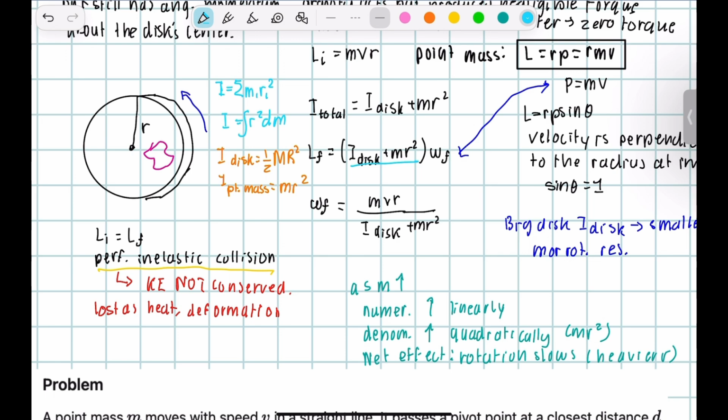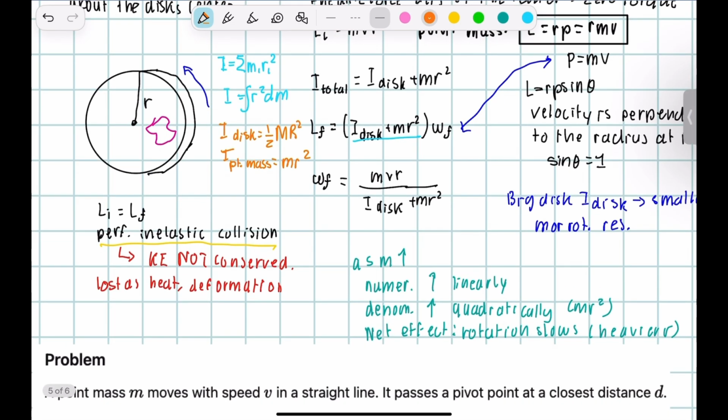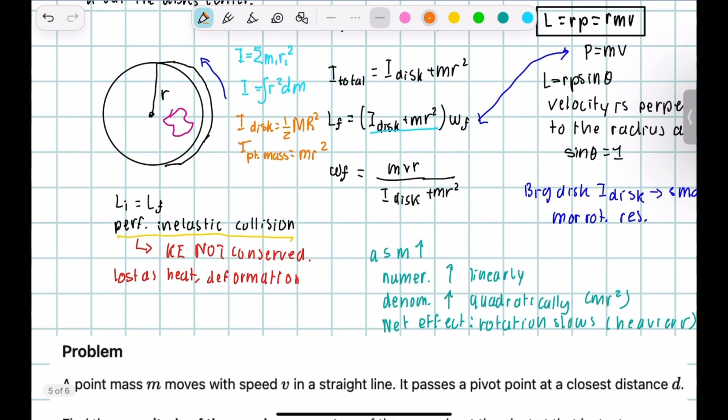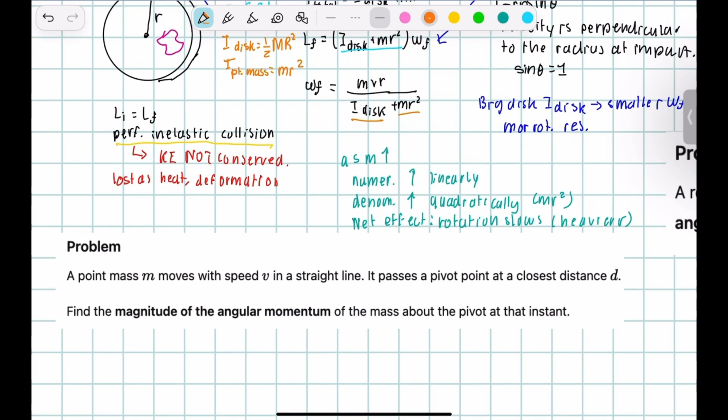For a point mass, the moment of inertia is equal to mr squared. So you add the inertia of the disk plus the mr squared, and the disk would be 1/2 mr squared. You could substitute that in there, but it's fine. That is going to be your total inertia, so that will give your total angular velocity.